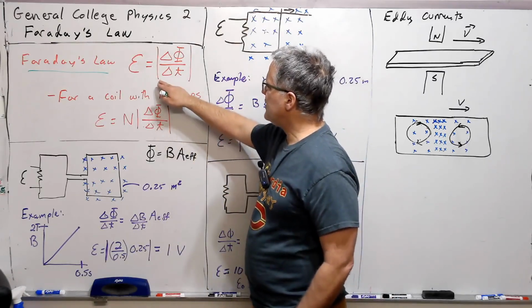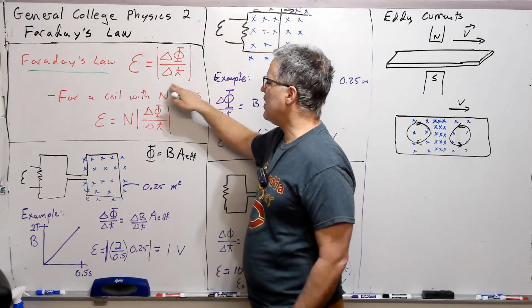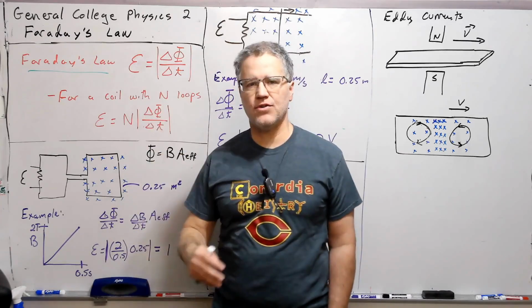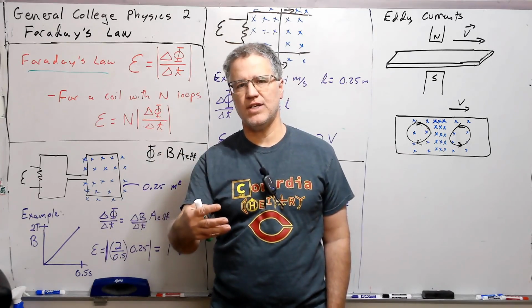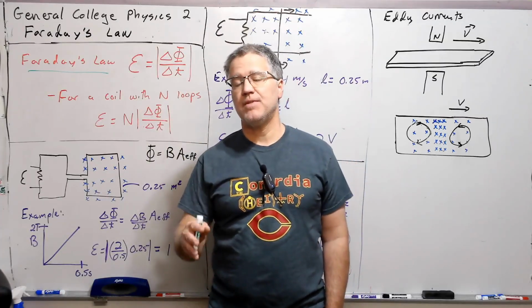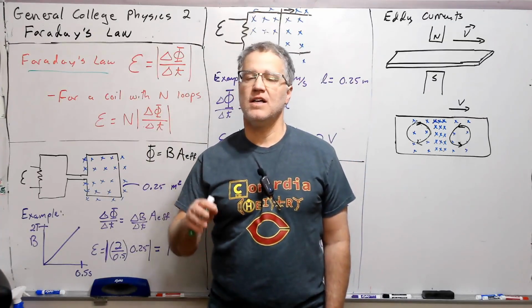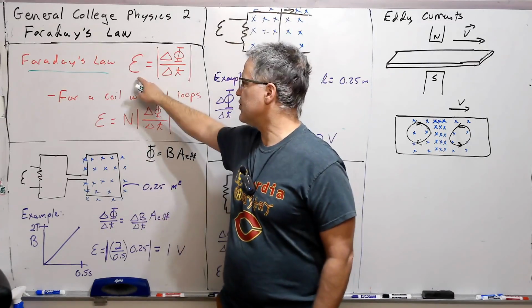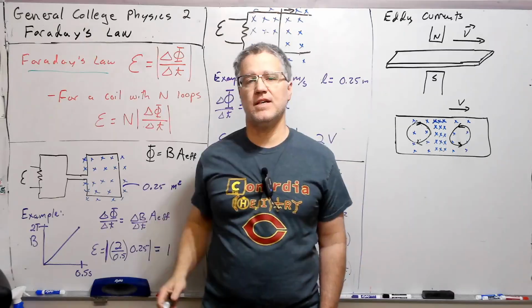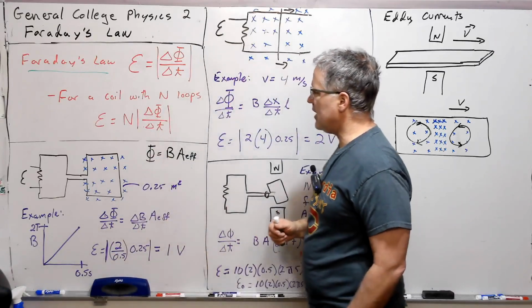Okay, now you'll notice there are these absolute values on here, and that's because we want this law so that we can apply it to the situation we're in in a general way, and then we're going to have to step in and figure out, using Lenz's law, what the actual direction of this voltage is across, say, a load. And so that's what we'll talk about as well.